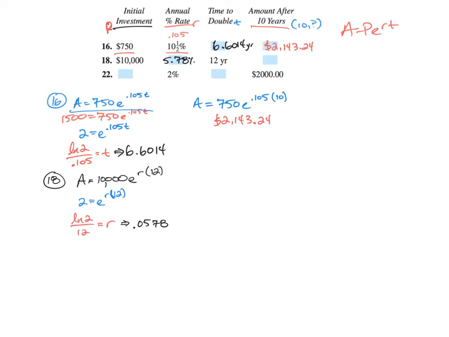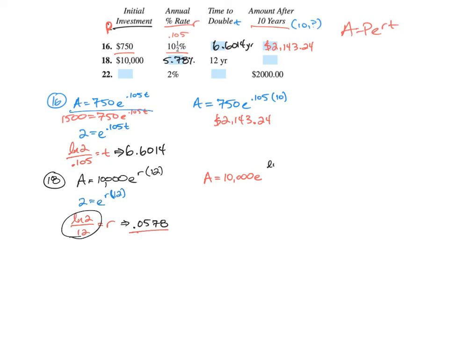Now I need to find the amount after 10 years. So I need to find my A. What's my P? 10,000. And then I have E. Now, what's my rate? I don't want you to use the rounded one. CalcChat, I believe, does, after they round it, they just use it again. I prefer using natural log of 2 over 12 as my rate because you're not going to have any rounding issues.